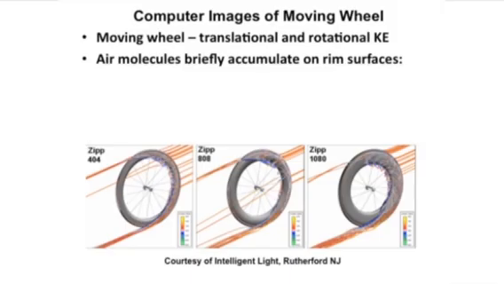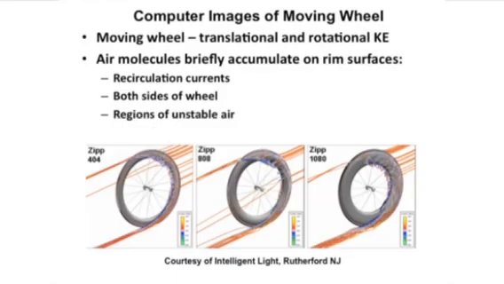And what happens is that air molecules briefly accumulate on the rim surface. And we see that rim surface accumulation in the form of recirculating currents, which is what you see there in the picture, those swirling figures. And they occur on both sides of the wheel. I get this recirculation current on both the left and the right side of the wheel.